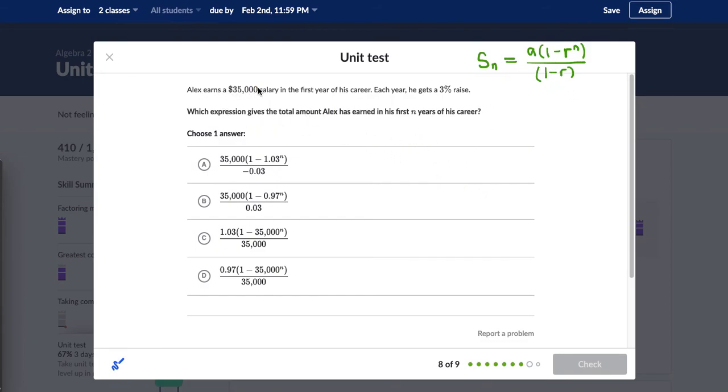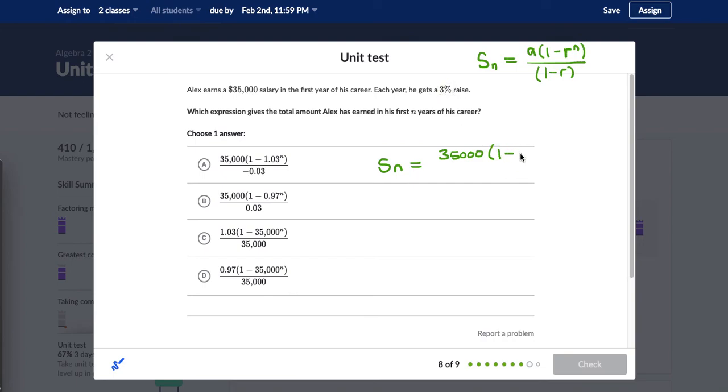So basically, if we're looking at this 35,000 a year in the first year, and each year he gets a 3% raise, what we're looking at here is that he started off with 35,000. We're talking about the first n years of his career. So we're saying the total amount that he actually earns in the first n years of his career is going to be equal to 35,000 times 1 minus, and this is our percentage, right?